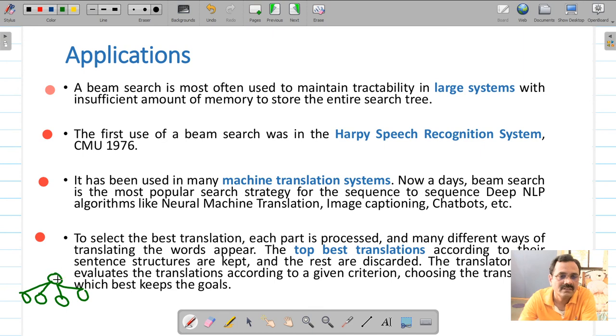Translation of this particular sentence has resulted by some technique in 4 different translations. You evaluate quality of these translations by using some heuristic function, and you select the top best. For example, if beta is equal to 2, out of this, explore them. So this is how you can use this beam search algorithm in your translation type of applications.